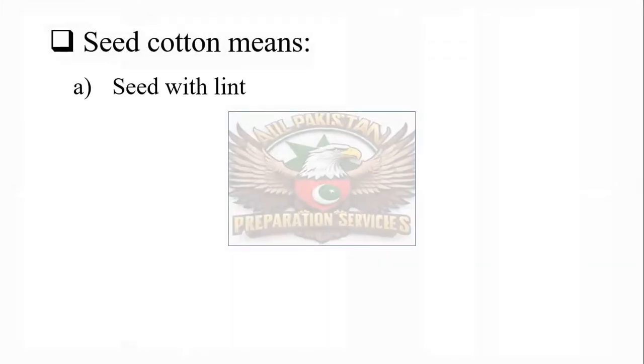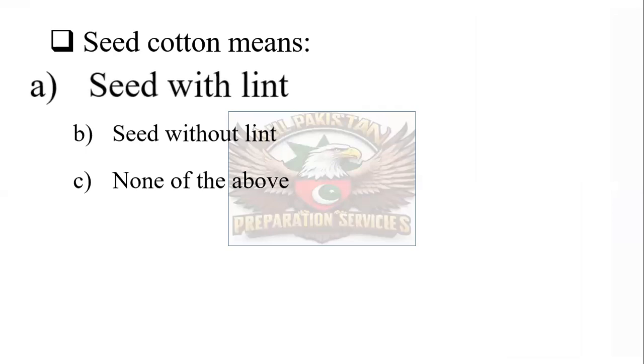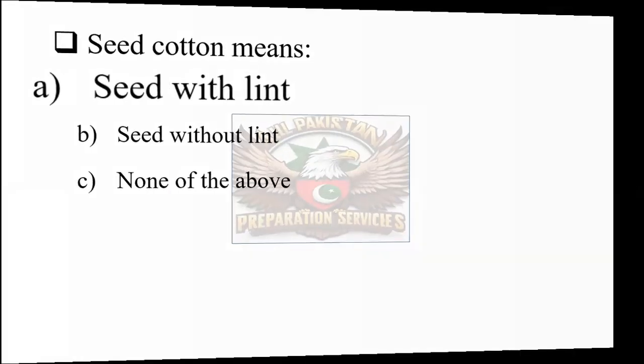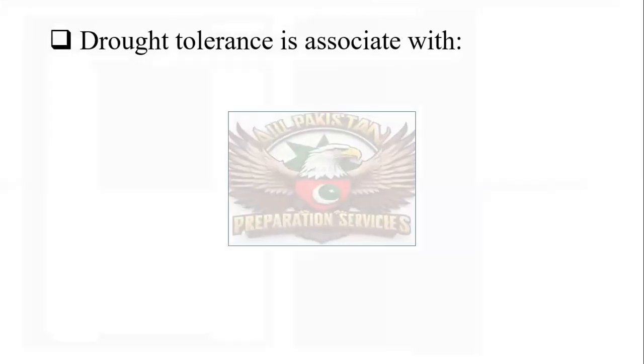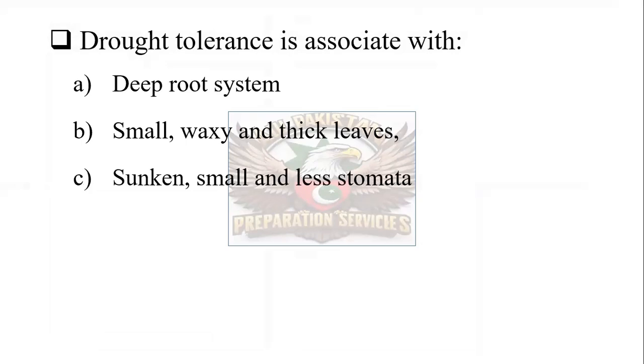Seed cotton means seed with lint, seed without lint, or none of the above. The correct one is seed with lint. Seed cotton means seed with lint. Next question: drought tolerance is associated with a deep-rooted system, small, waxy and thick leaves, sunken, small and fewer stomata, or all of the above.